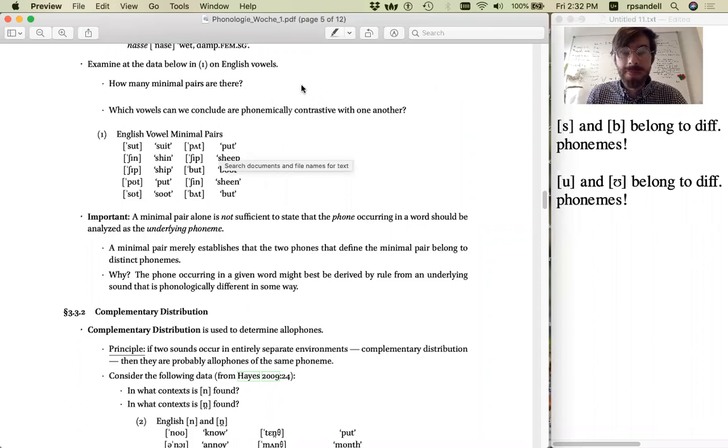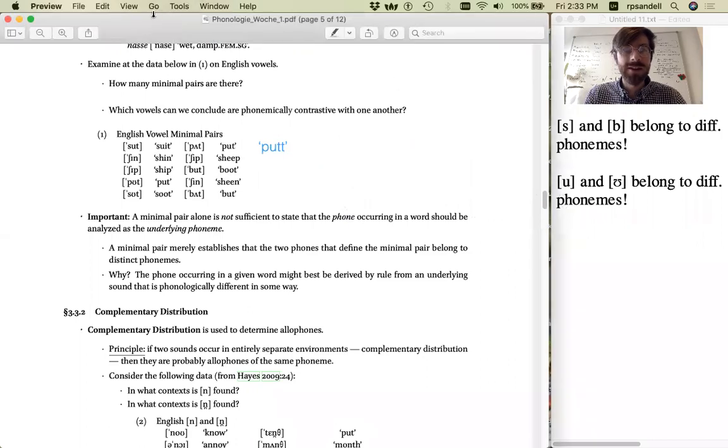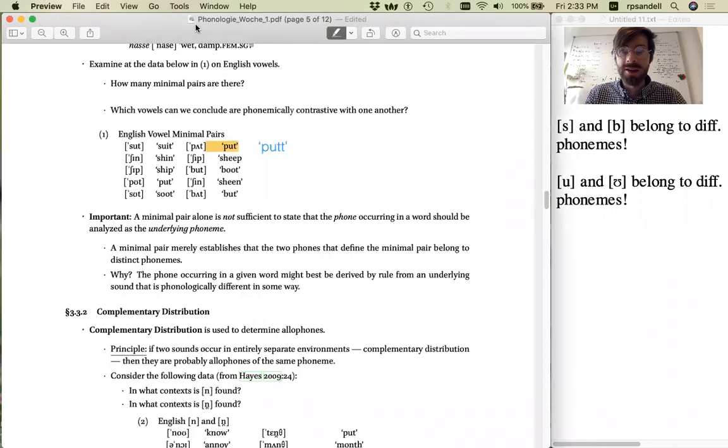That would then be correct. So as the gloss there, we should read put with two t's, not a single t. I'm going to highlight that for myself right now, and I'll try to correct that in the handout that gets uploaded later. Good.